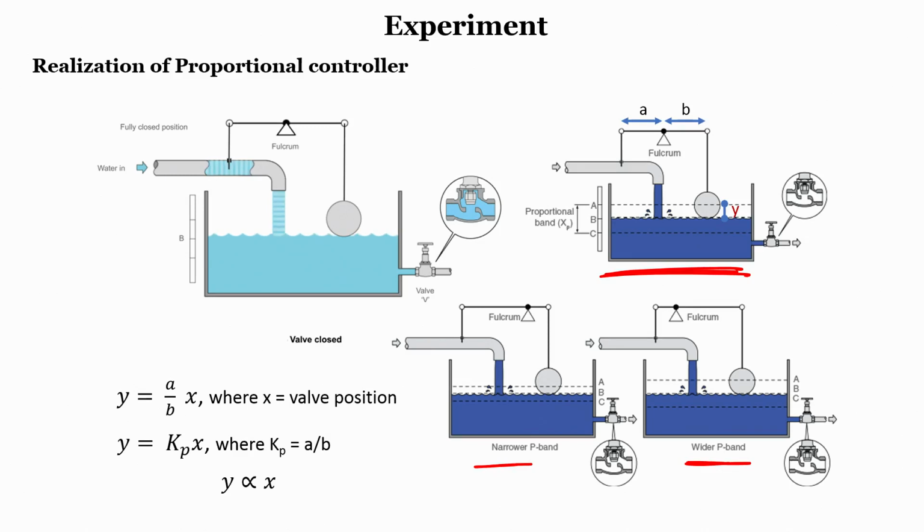First, we have to understand that y equals A by B times x, where x is the valve position. If I consider A here, B here and the valve position, this y is nothing but A by B into x. So, we can write y equals KP x, right, where KP is nothing but A by B, or we can say y is proportional to x, right.